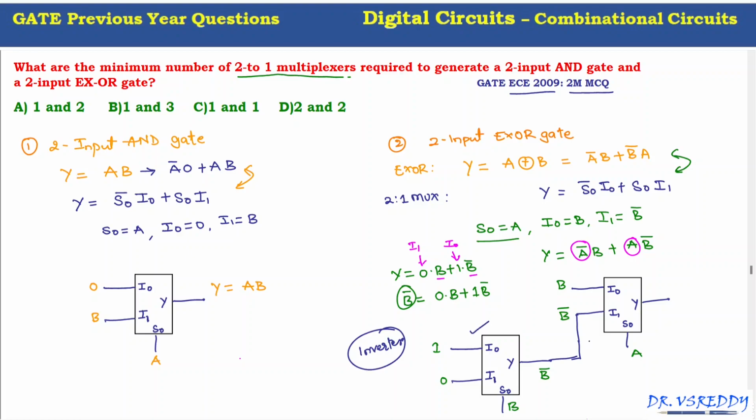So to implement the XOR gate, we require two 2:1 multiplexers, and the output is A bar B plus A B bar. So for the AND gate we require one 2:1 mux, and for XOR we need two 2:1 multiplexers. Option A is correct.